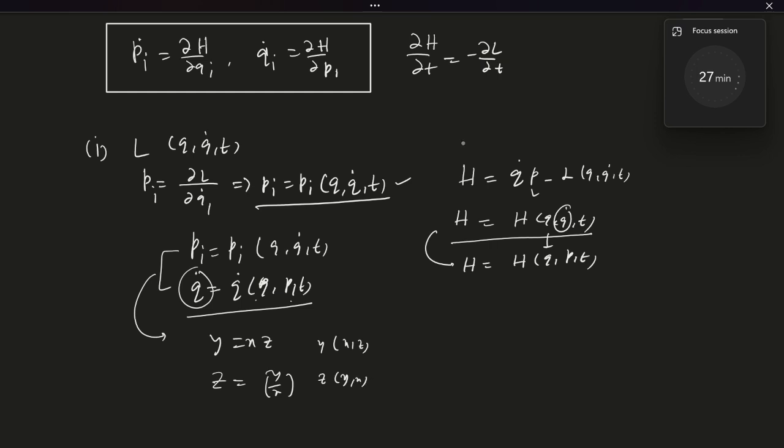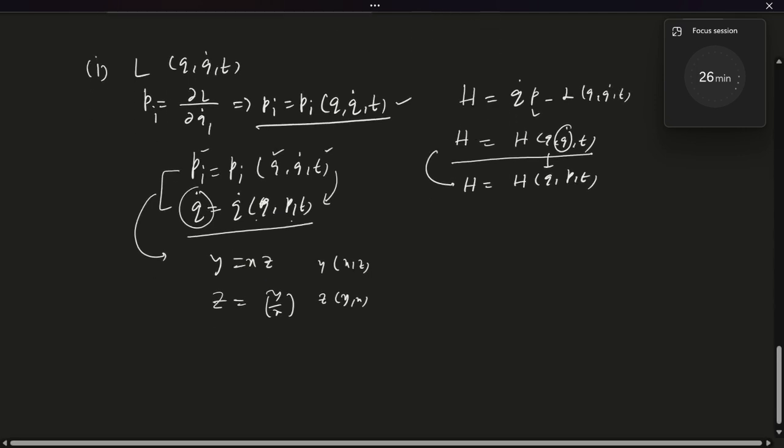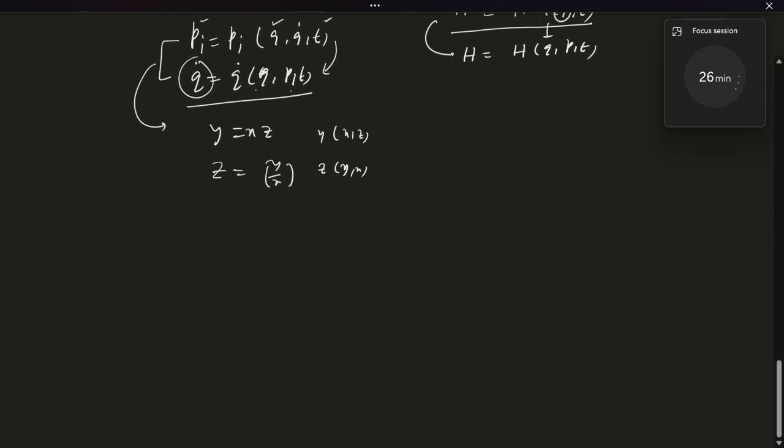That's how I'm saying pi is a function of q̇ and t. If you can invert the relationship so that you get q̇ as a function of q, p, and t, then your problem is solved. So this is the main idea: you have to find q̇ in the form of q, p, and t. If you can do that, you can easily write down the Hamiltonian.